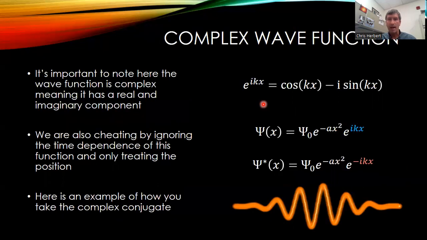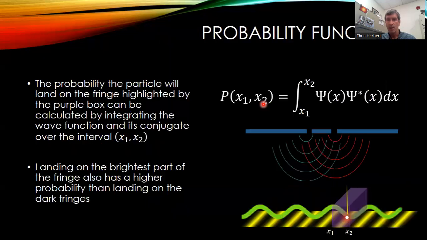Just going back a point, the probability of the particle landing someplace, if I integrate this over all space from negative infinity to infinity, that probability has to be 1, because we have to accept the fact that the electron or photon is going to land someplace, okay? So if we allow it to land over all space, the probability that it's going to land is going to be 1.